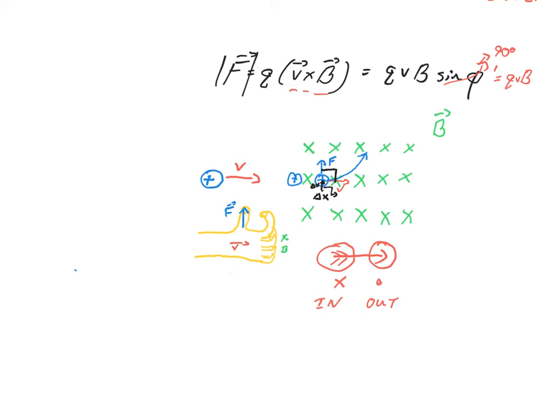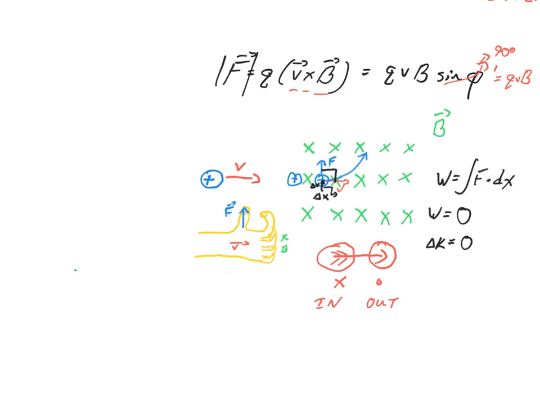Since these two are always at right angles, what you can notice immediately is that the total work done, which of course is going to be the integral of F dot dx, by definition is going to be 0. So the magnetic field is not going to do any work on the moving charged particle, so that means there's going to be 0 change in kinetic energy. So of course magnetic fields can make a particle change its direction, but they cannot speed a particle up or slow it down.